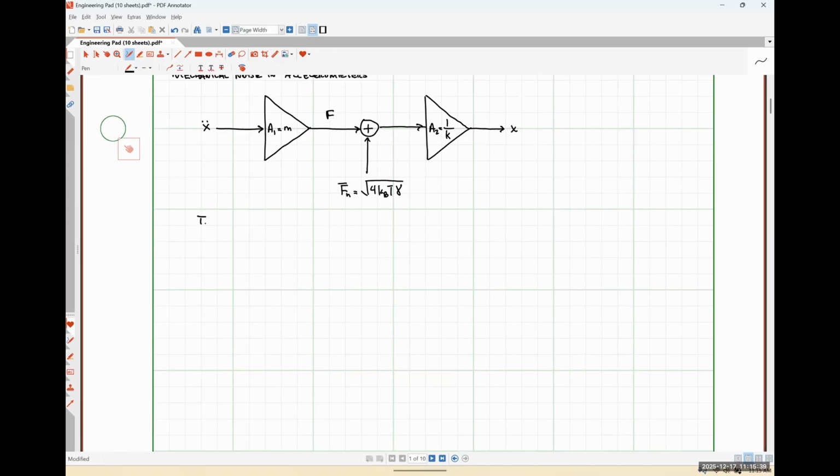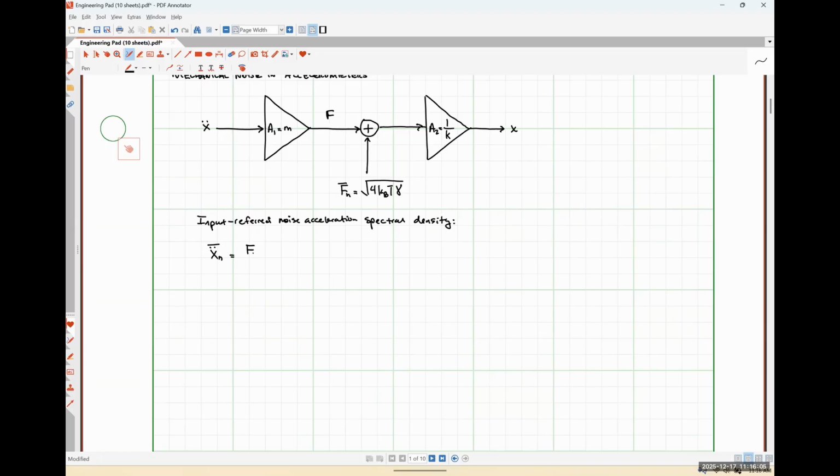So the input referred noise acceleration spectral density is going to be x sub n dot dot with a bar over it.